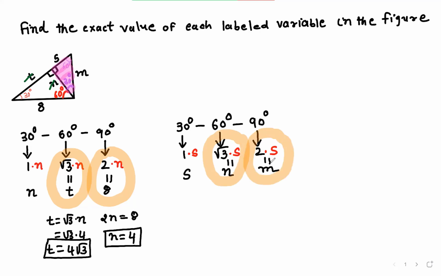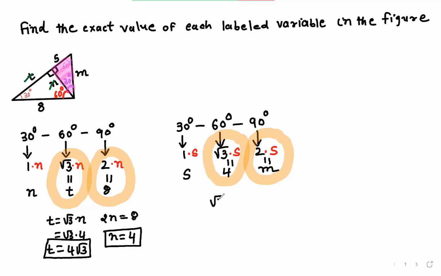Now, which one is the best comparison? We know the value of n, which is 4. So it's better we plug in 4 here. We're going to erase this n and we will plug in 4. So this will be the best first comparison, because here we have only one unknown. s equals s, it's obvious. So this will be the best one to use.